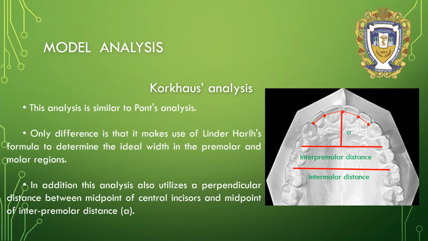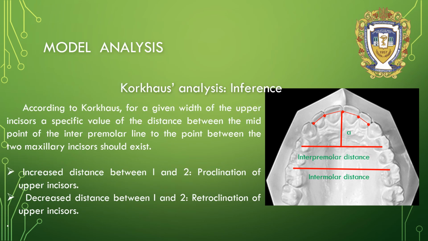Yes, this analysis is similar to Pont's analysis, but the only difference is that it makes use of Linder-Hart's formula to determine the ideal width in the premolar and molar regions. And in addition, this analysis also utilizes a perpendicular distance between the midpoint of incisors.